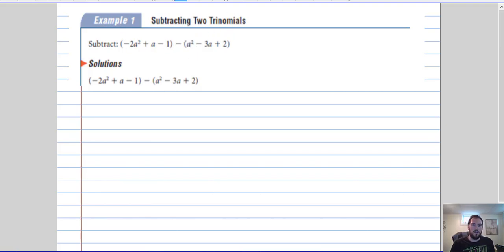So again, if I wanted to do this as algebra tiles, well, negative 2a squared, but the problem is it's asking you to then subtract or to take away a positive a squared. Well, I don't have any positive a squareds here to take away from, right? So that's the problem with these types of questions, is once I start trying to subtract something that wasn't already there, then I run into a problem of, okay, well, how do I actually subtract it?